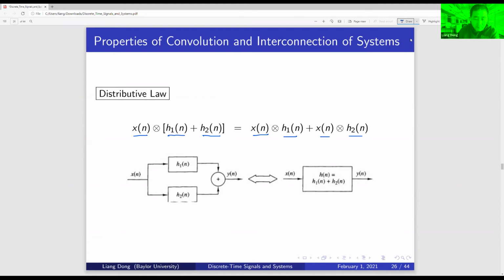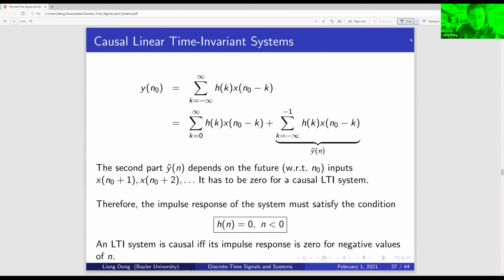From a block diagram, that means that if I have those two systems working in parallel, h1n and h2n, I can think of the entire thing as a big system equal to h1 plus h2, and then I have my input signal going through that combined system. So we are interested in the linear time invariant system. A linear time invariant system can be represented by a convolution, and with that, we can do much work for the analysis of signals and systems.